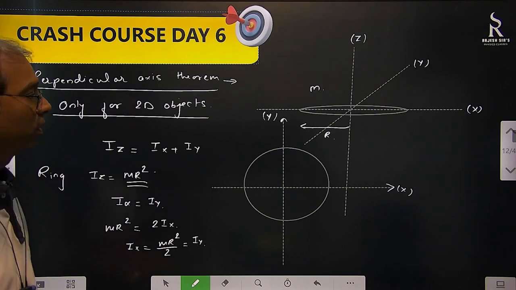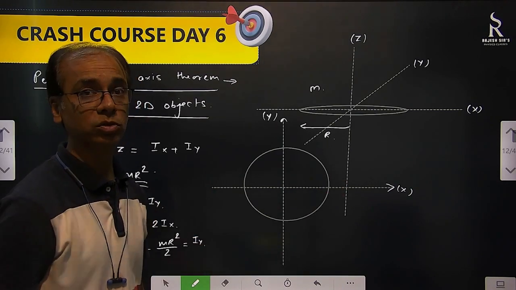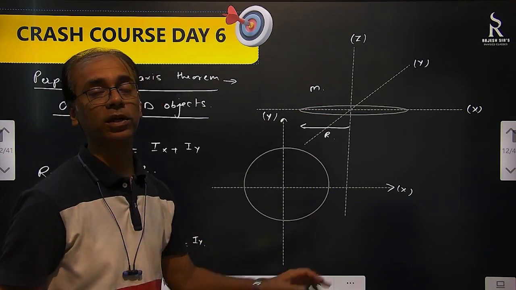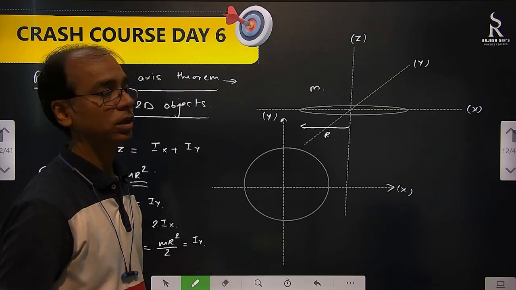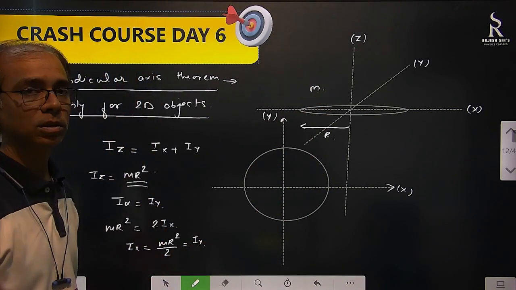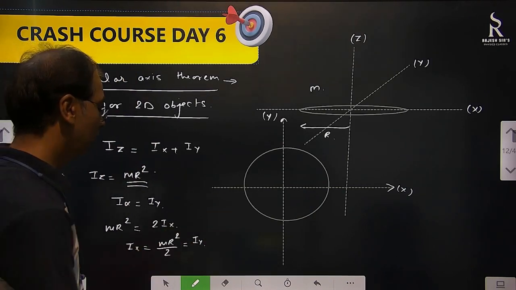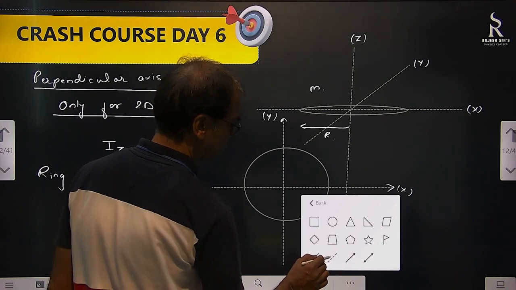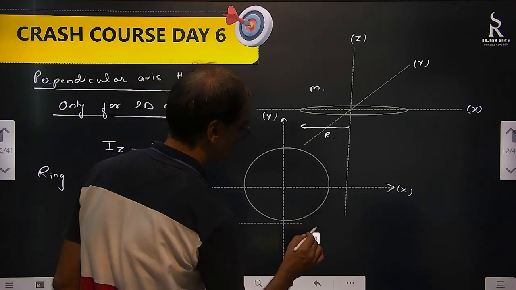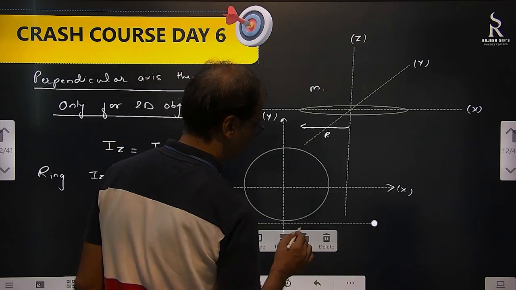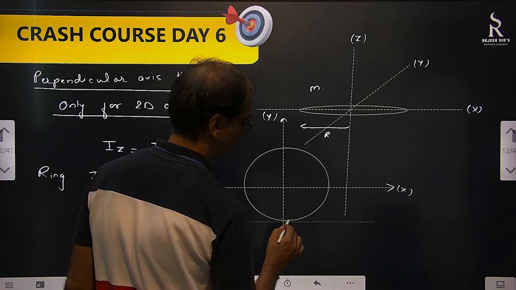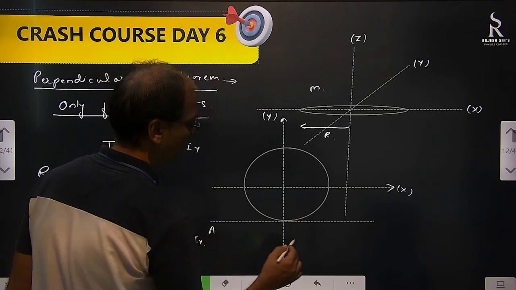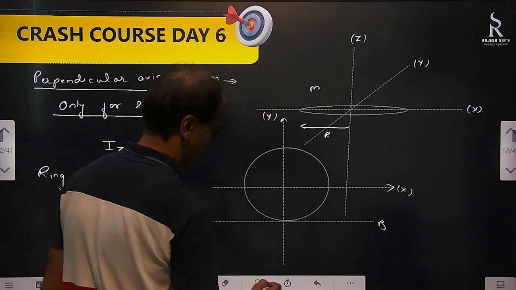Right. So we can find out what is the moment of inertia about x-axis also. What we were knowing earlier about z, but now we can find it about x and y also with the help of perpendicular axis theorem. So if that is so, then we can also find moment of inertia about this axis, which is passing like this. Answer is yes, why not? If we say that this is AB, then about AB also we can find the moment of inertia.